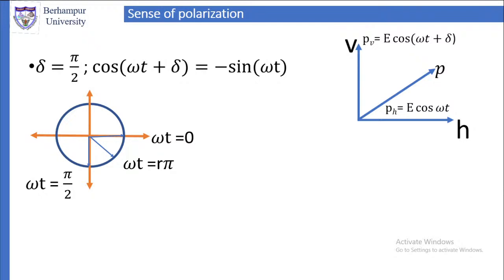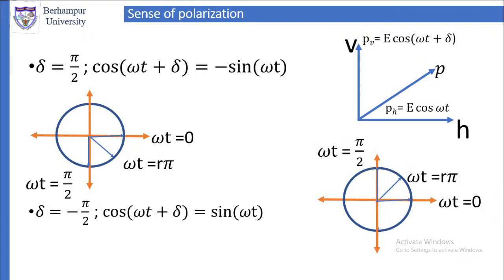Then we look at omega t is equal to r pi. Instead of 0, it is at omega t is equal to r pi. If we take omega t is equal to r pi, so any other instant after t is equal to 0, t is greater than 0, so omega t is not equal to 0.